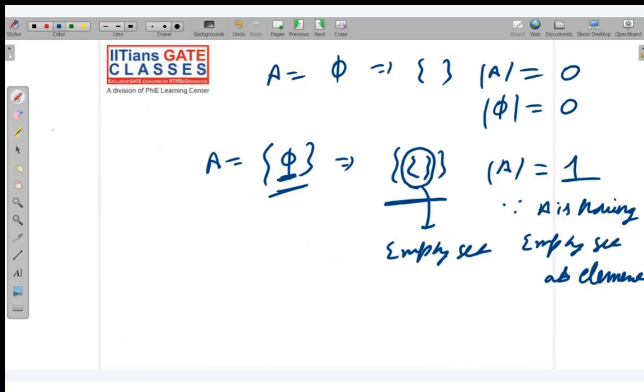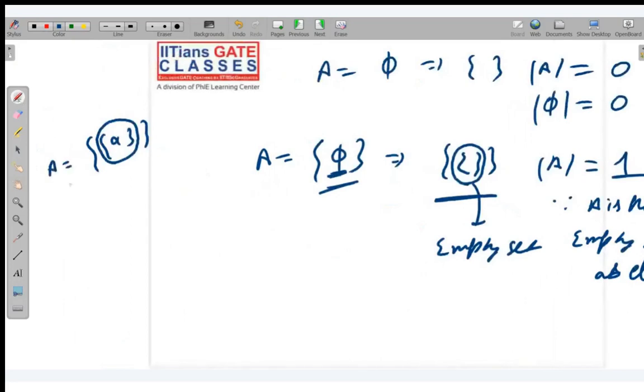See this. If we write A like this, what will you say? Cardinality of this set is 1. Why? Because the contained element is a set which is having A as the element. Let me write it properly. You should be fluent with all these things. So A is equal to this. Why is the cardinality of A 1?